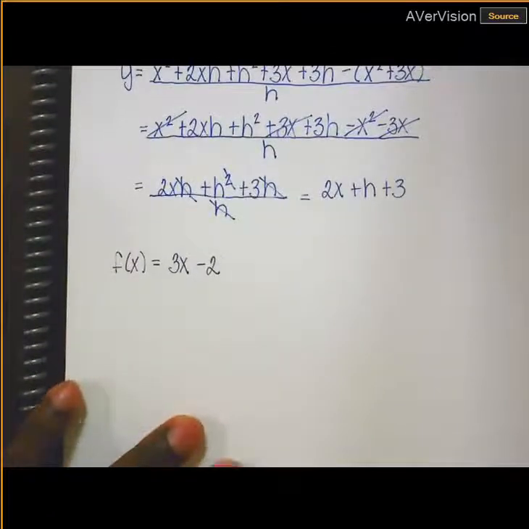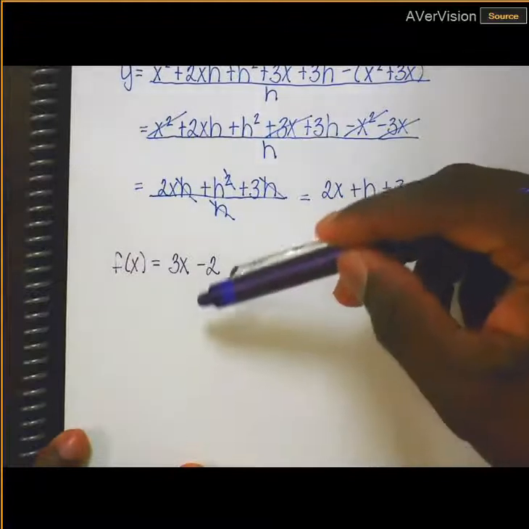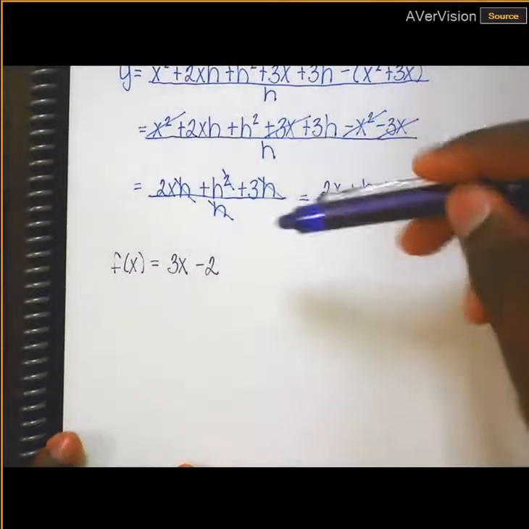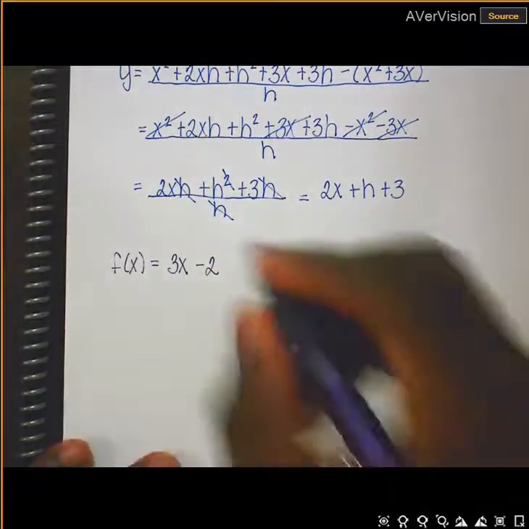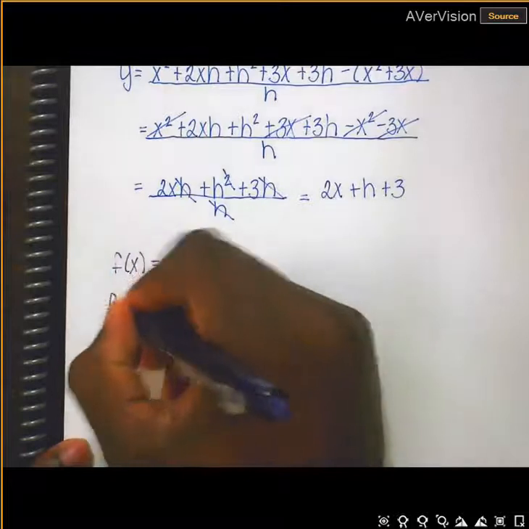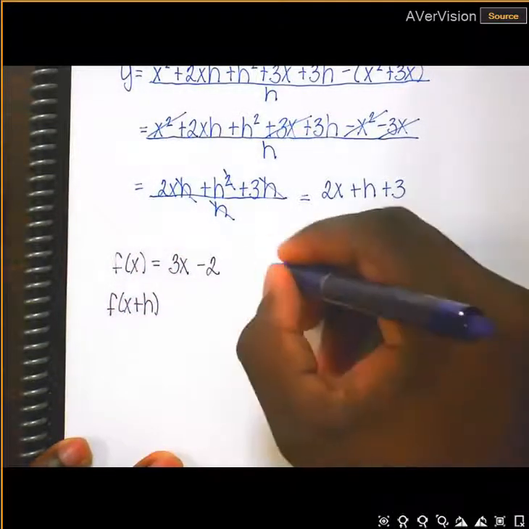All right. So we want to find and simplify the difference quotient for f of x equal to 3x minus 2. Y'all got this? First, find f of x plus h, and then plug it into the formula.